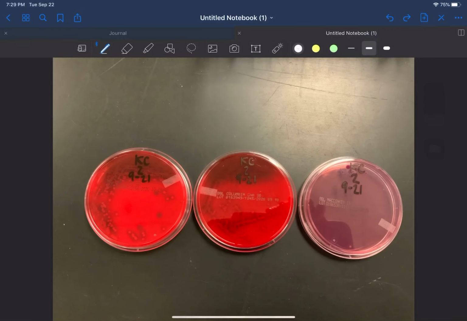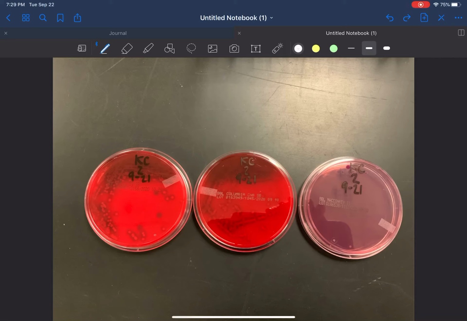All right, welcome to a recap of lab today where we set up an unknown sample. Everybody had either sample 1 or sample 2, and let's see how we did.